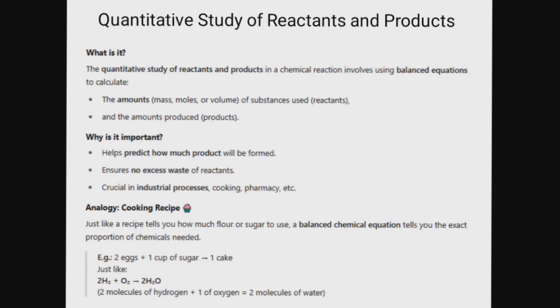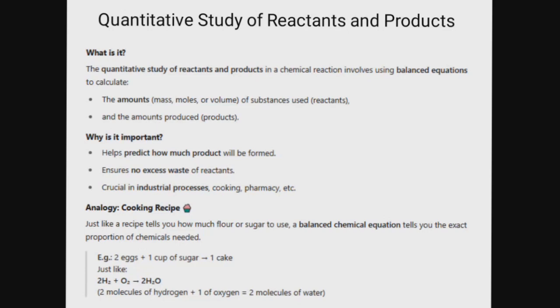So the substance you use to form a totally new substance is what we call the reactant, and this new substance that you form is what we call the product. Sometimes it can go both sides. The reactant can be a product, the product can also be a reactant.